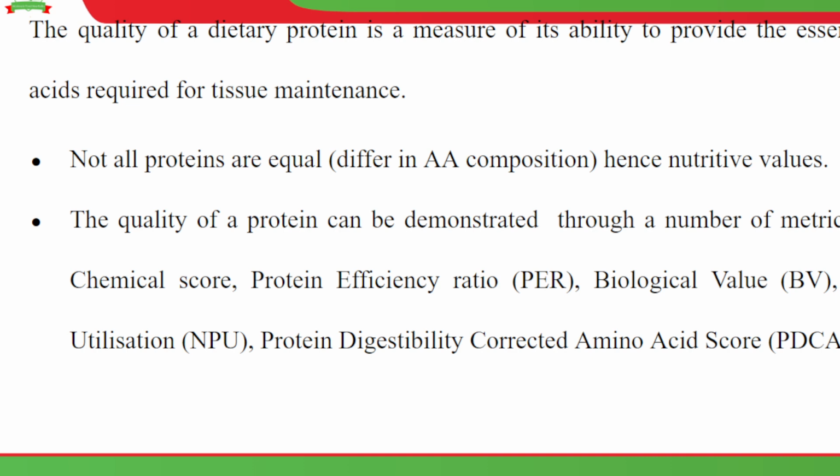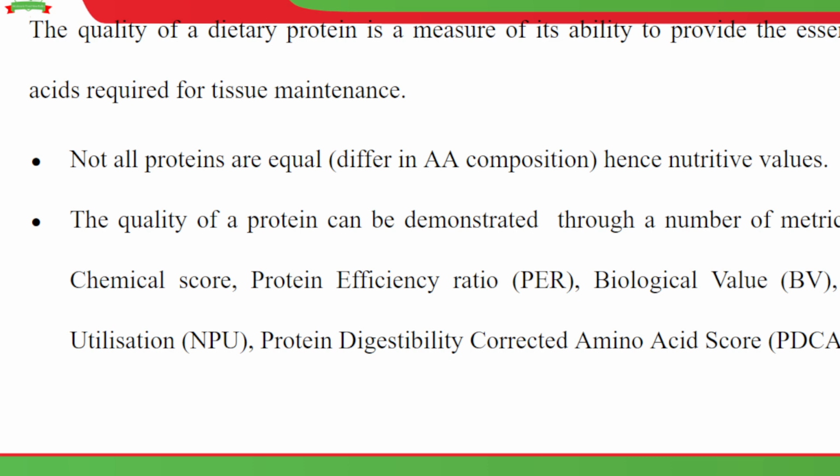If it can provide most of the essential amino acids that you need. Not all proteins are equal, meaning they differ in amino acid composition, and their nutritive value also varies, in a way that you cannot say meat has the same nutritive value as beans.